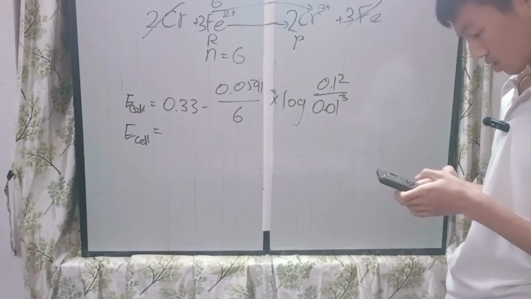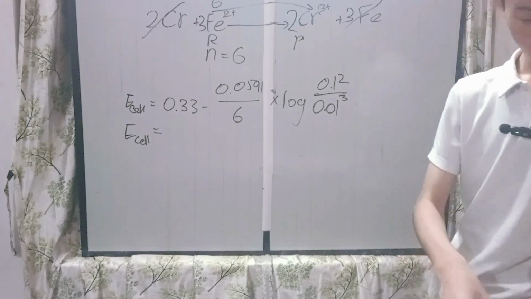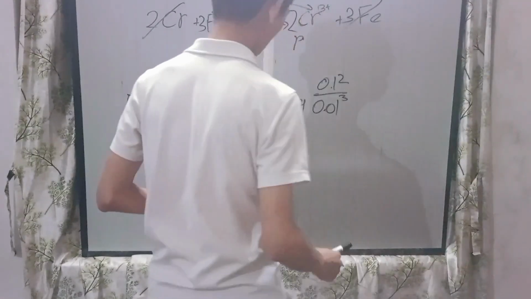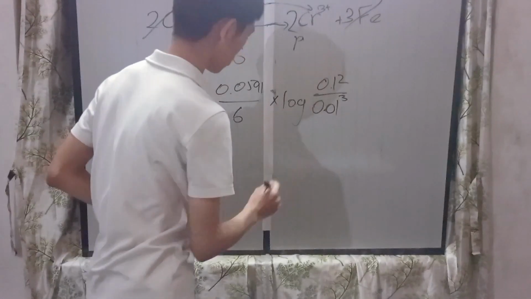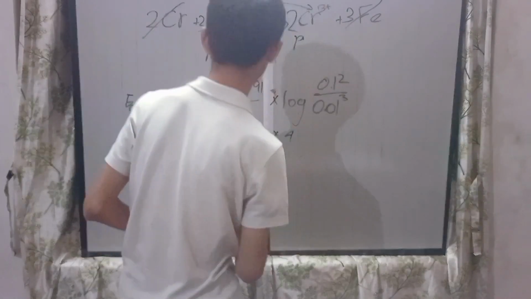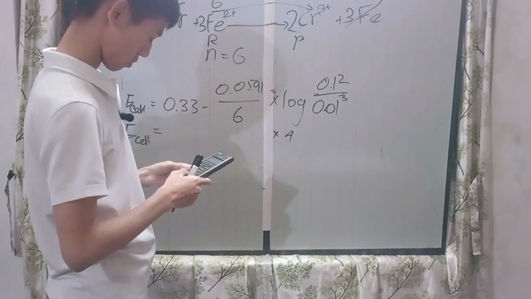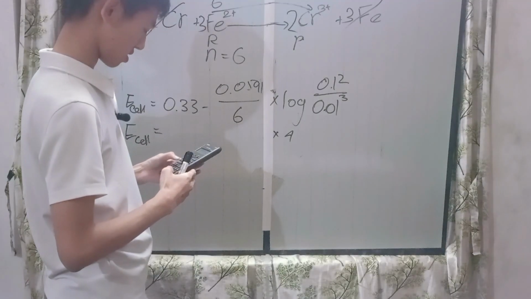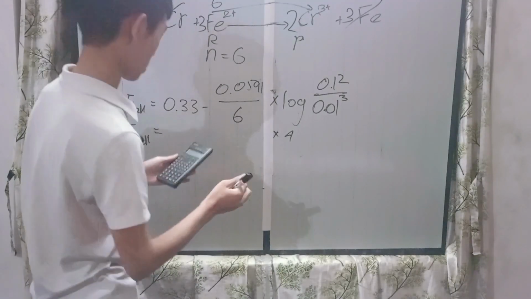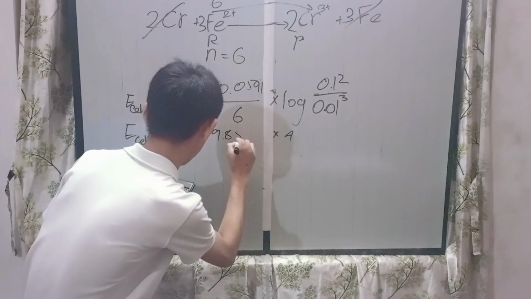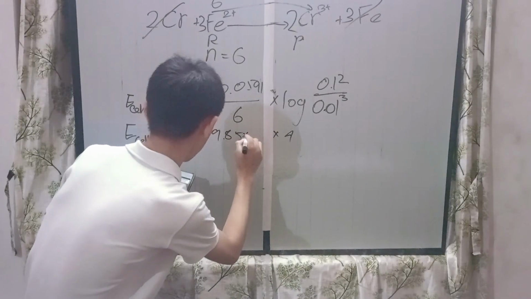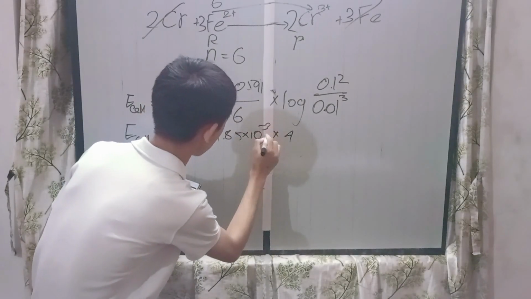Log 10,000 is 4. 0.0591 divided by 6 gives 9.85 times 10 raised to negative 3.